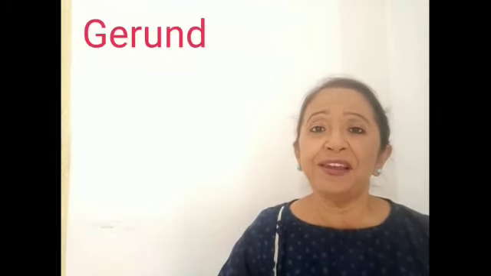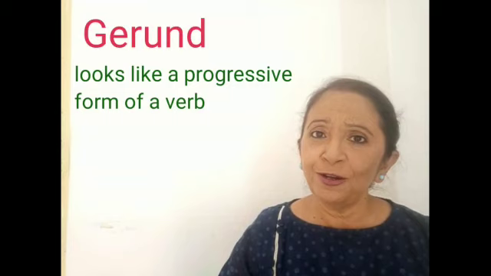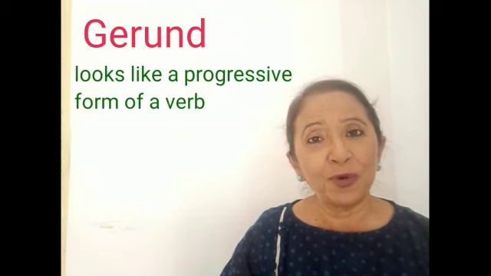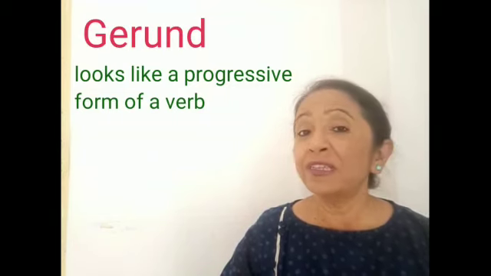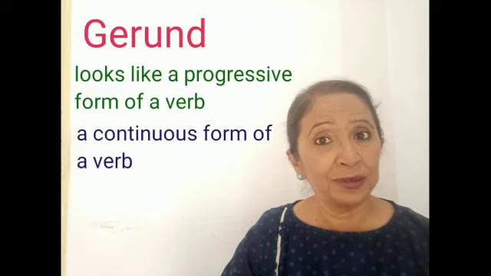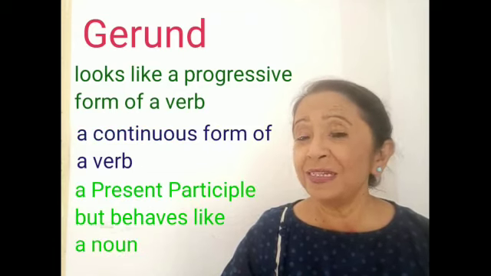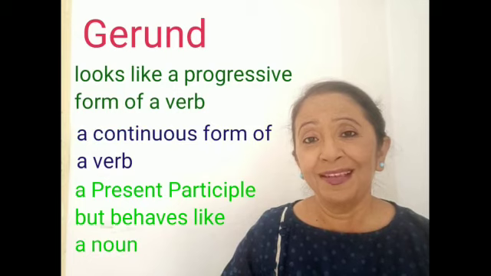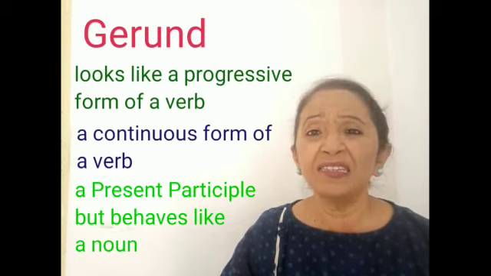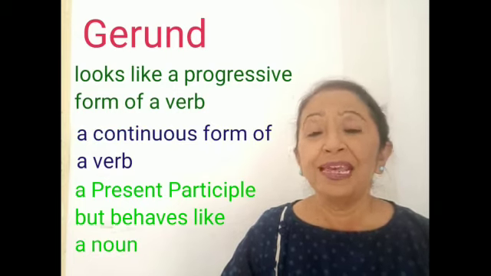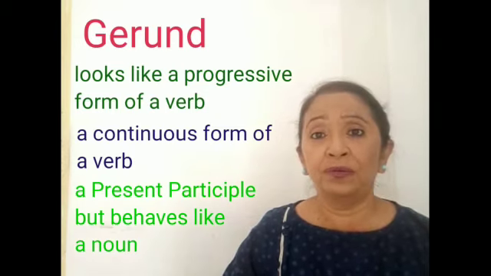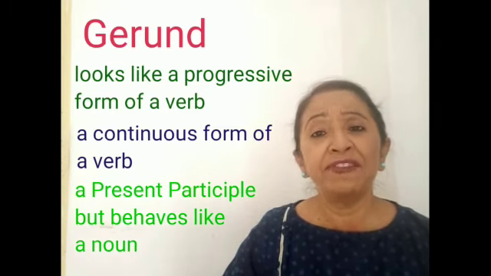So what is a gerund? A gerund looks like a progressive form of the verb, or the continuous form of the verb, or the present participle. But it doesn't behave like one. It behaves like a noun. It doesn't behave like a verb.